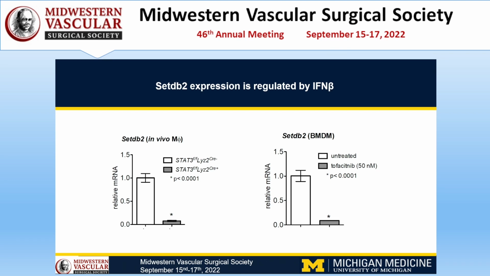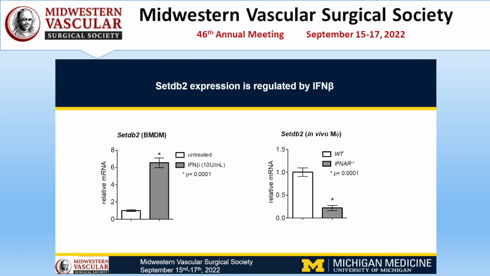And when you inhibit the interferon beta pathway with tofacitinib, you also have significant reduction in SETDB2 expression. Alternatively, when you stimulate bone marrow-derived macrophages from wild-type mice with interferon, you get a significant upregulation in SETDB2 expression. And when you knock out the interferon beta receptor altogether in mice, you have a significant reduction in SETDB2 expression.